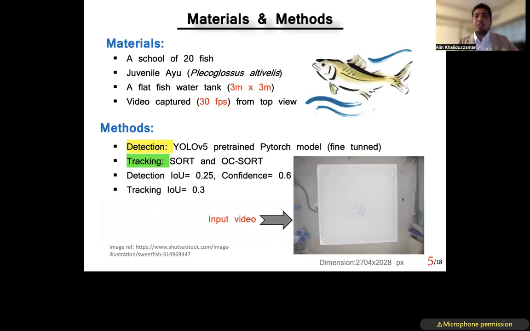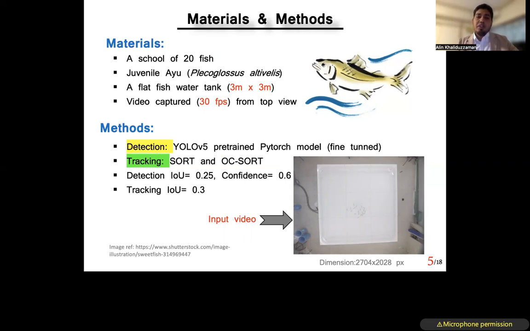Now let's move to the materials and methods section. I used juvenile fish, 20 fish in a school, in a flat tank, 3 meter by 3 meter. And we captured the video from the top at 30 frames per second. And as we know, for the tracking algorithm, we need to combine the detection and tracker together.